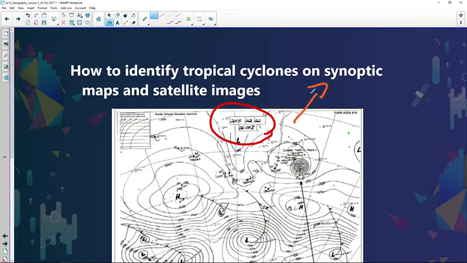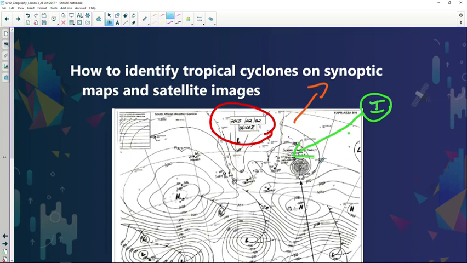Why? Because they're usually washed by warm ocean currents. Now, what do we know? The system moves from the initial stage that develops just below 5 degrees north and south of the equator, and we know it moves in the tropical easterlies.